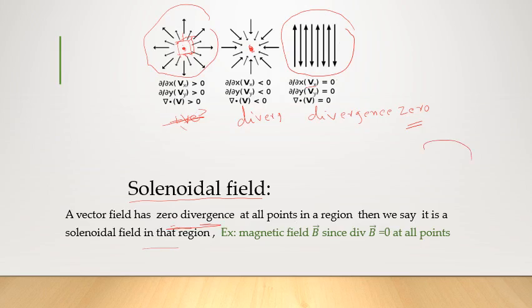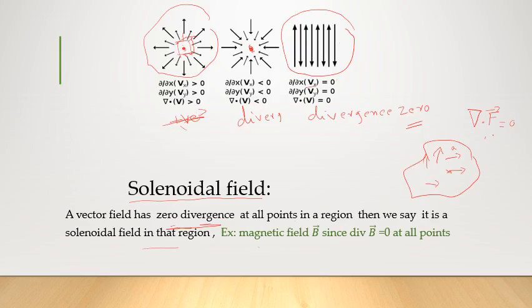Consider this region of space where a field is defined. The field is not zero at every point, but if you calculate divergence at any point in this region, it will be 0. Div of f is 0 in all of this region. Then we say that the field is solenoidal in this region.